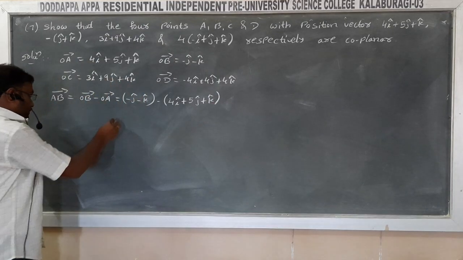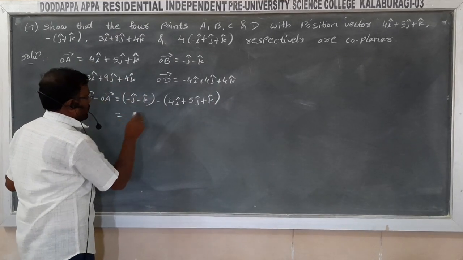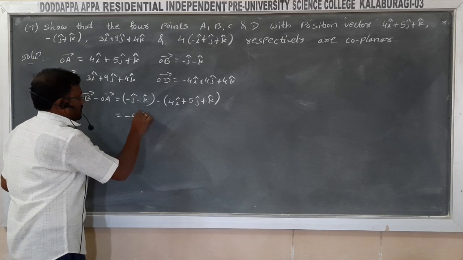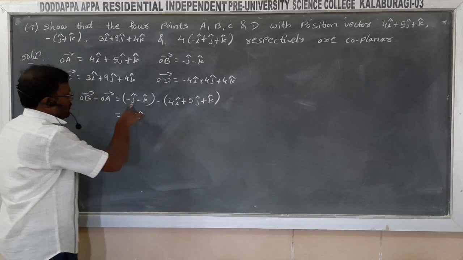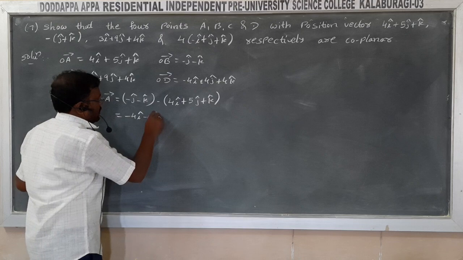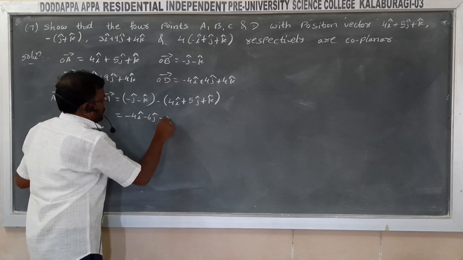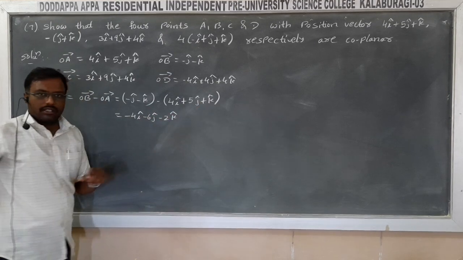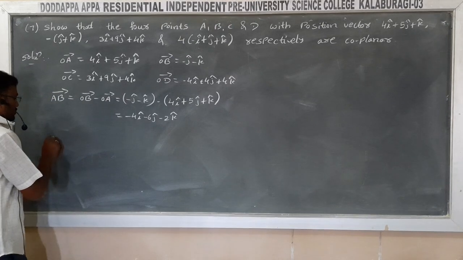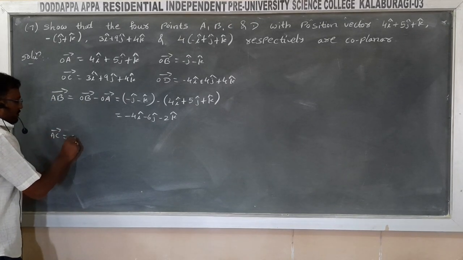Now you can simplify. Here there is no i value, so write minus 4i, minus 5j minus j is minus 6j, minus k minus k is minus 2k.